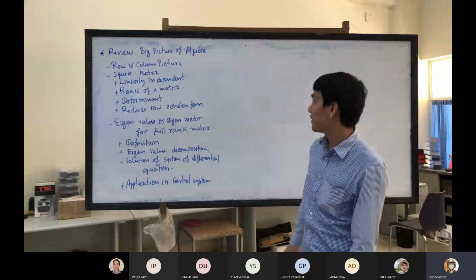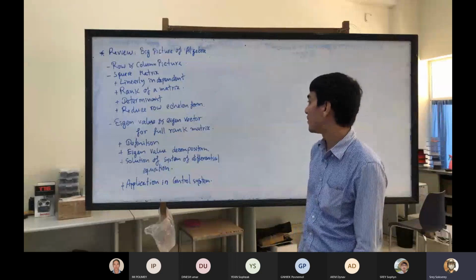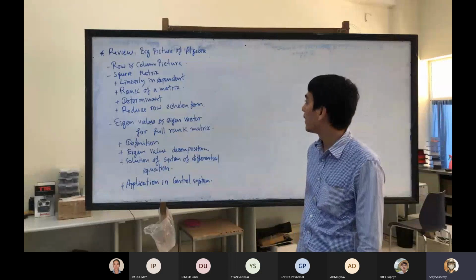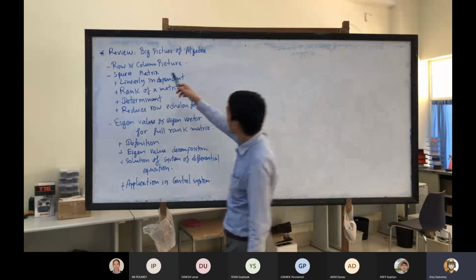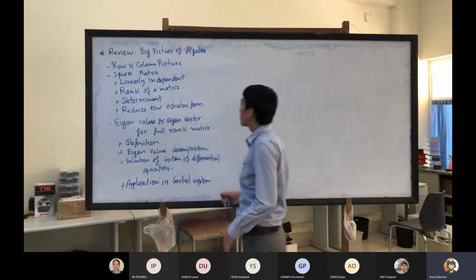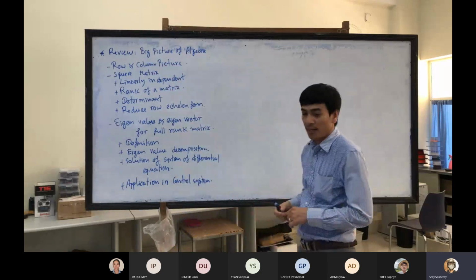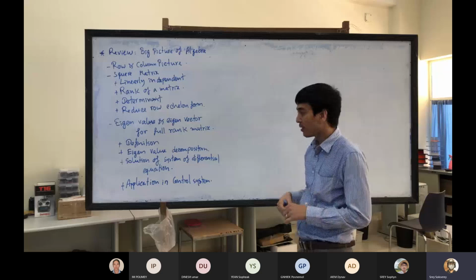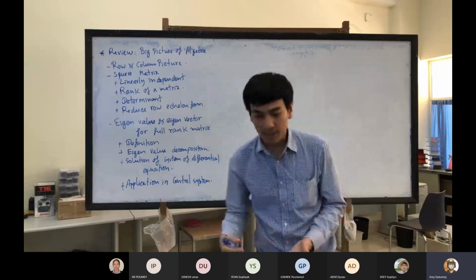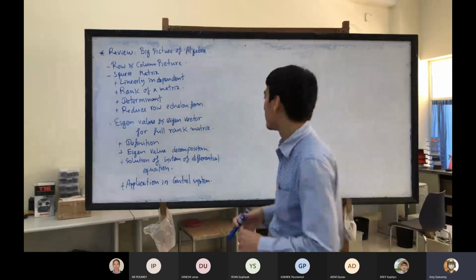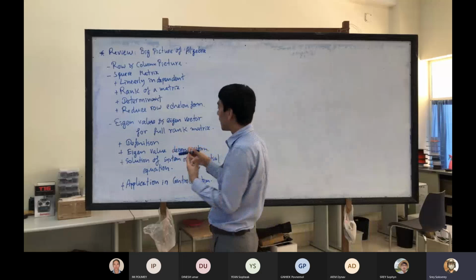So today is the first lecture of the review on algebra, and I call it the big picture of algebra, because I will try to explain algebra in a geometric way, so you can imagine the picture of algebra.